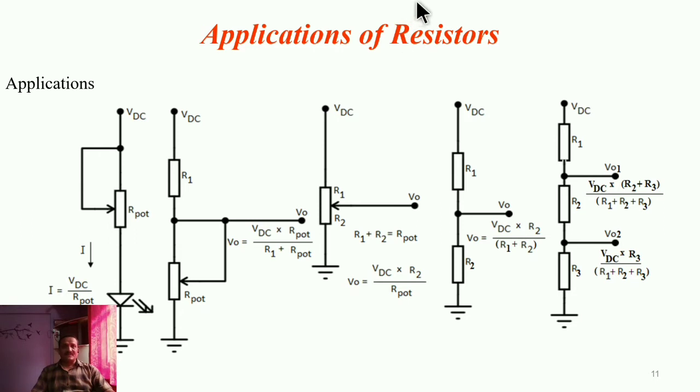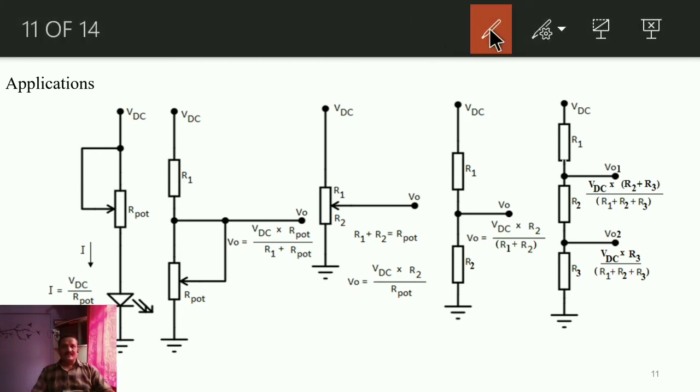Now the applications of resistor. In the first circuit you will observe there is one LED connected in series with a potentiometer. By changing the value of resistance of this potentiometer, we can see the light intensity of this LED will get varied. Because the light intensity is dependent on the amount of current flowing through that LED, and that I we can determine simply by using KVL, that is I equals VDC divided by the resistance of that potentiometer.